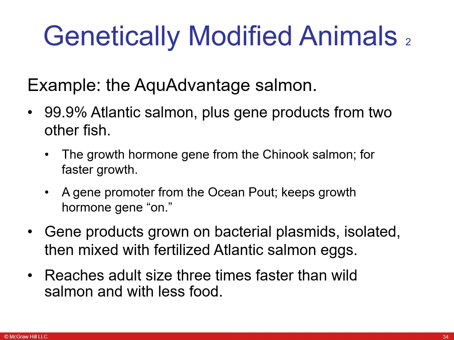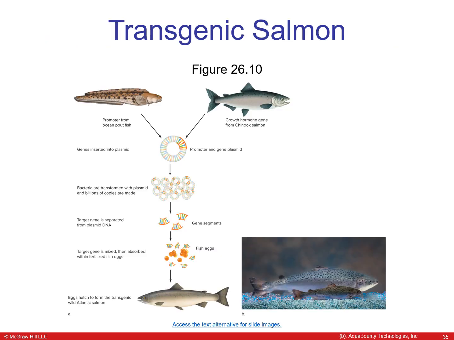These reach adult size 3 times faster than wild type salmon with less food. Here's an example of these transgenic salmon compared to each other.